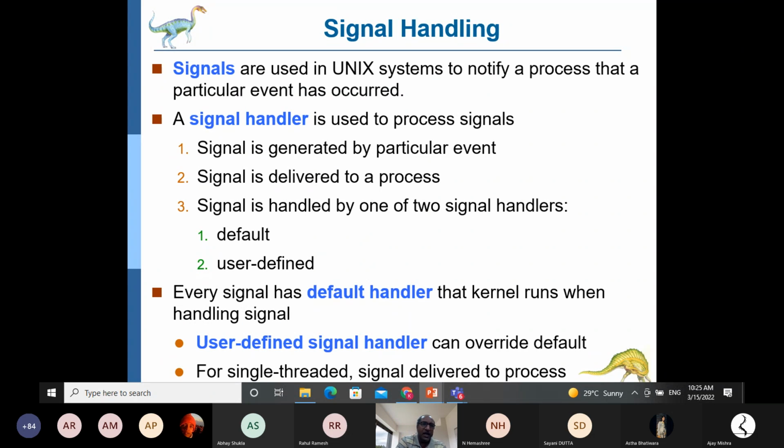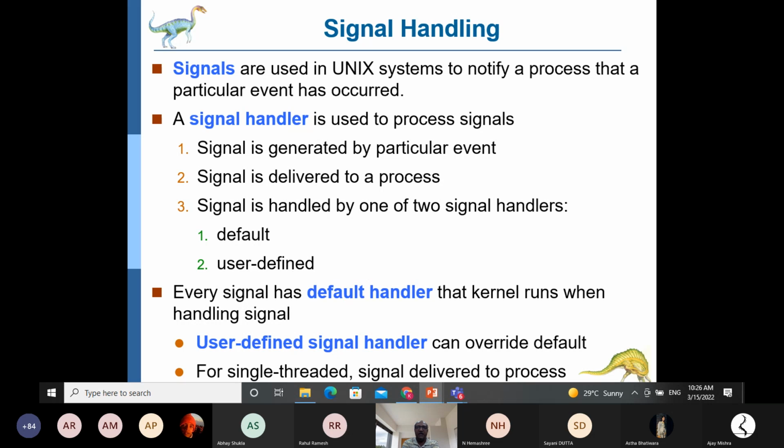Then coming to signal handling. As we are already aware, we discussed this even in the architecture discussion. Signals, particularly in the context of Unix systems, just notify the process that some event has occurred. And as I mentioned, that event may be synchronous or asynchronous.